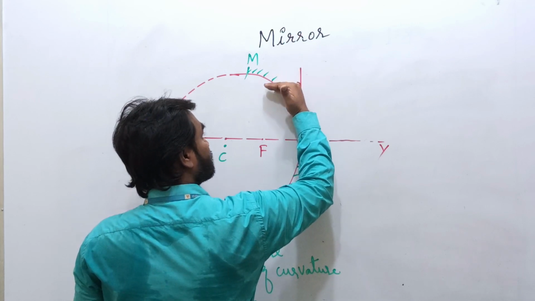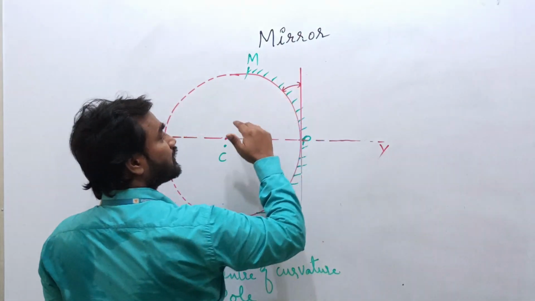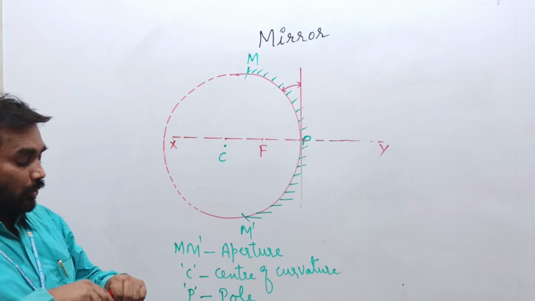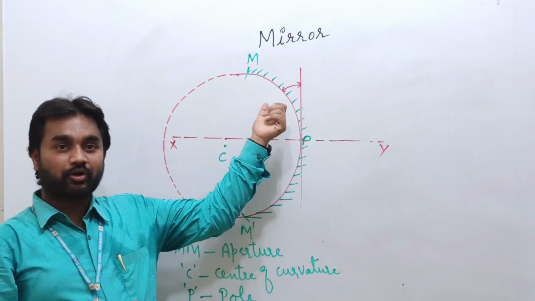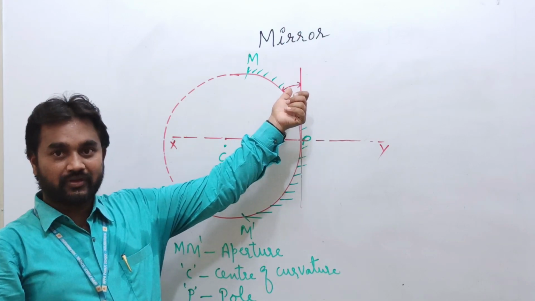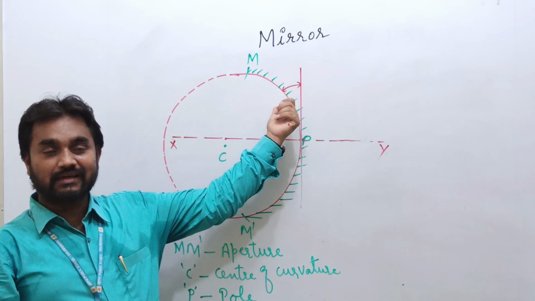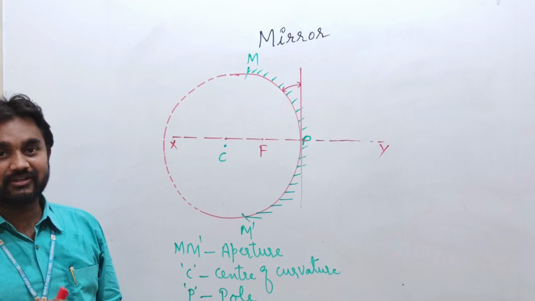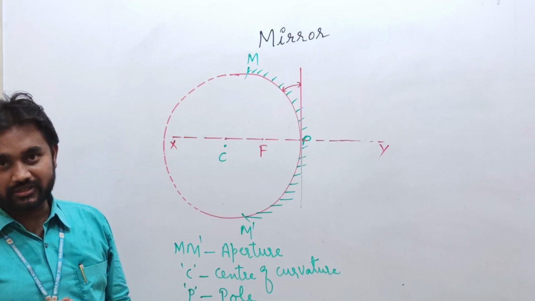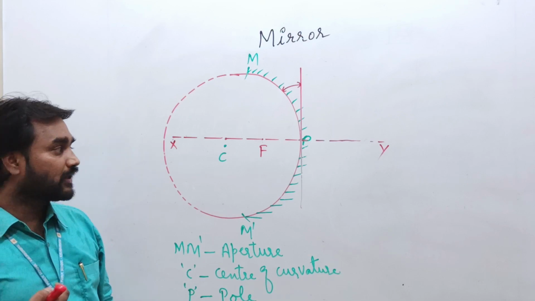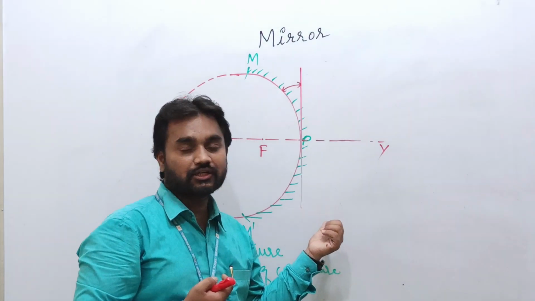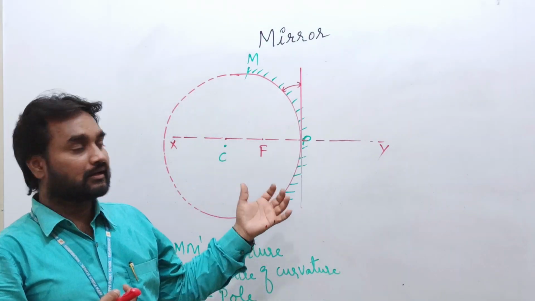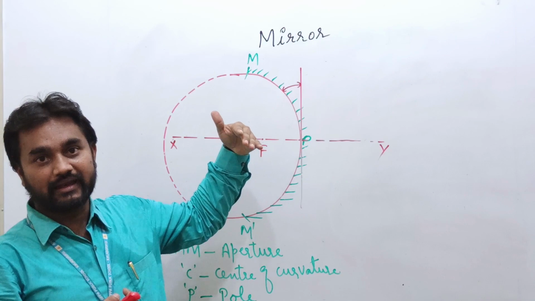If I make it more curved, then the aperture will increase. Based on how this curvature is increasing or decreasing, the focal length will also be decided, whether it is small or large. Is that clear? This is the topic that we will deal with in the next class.